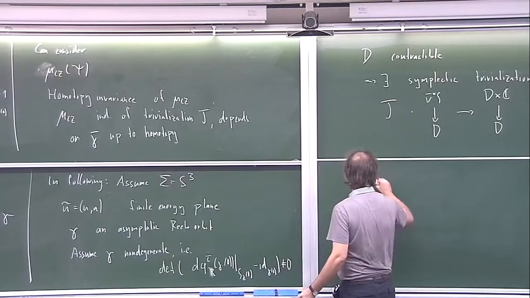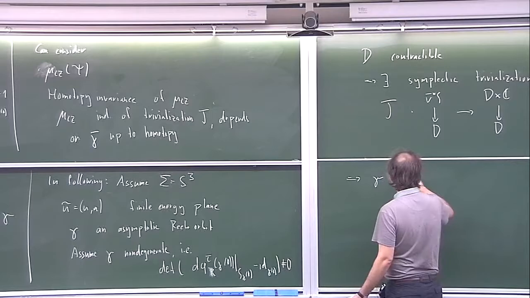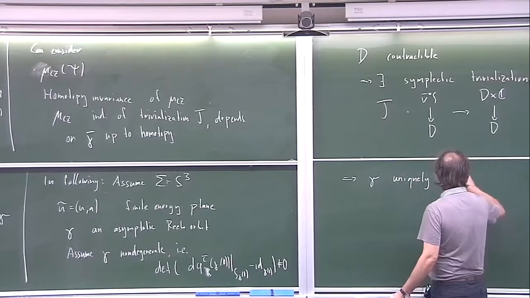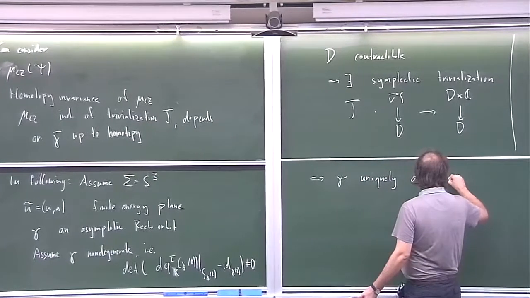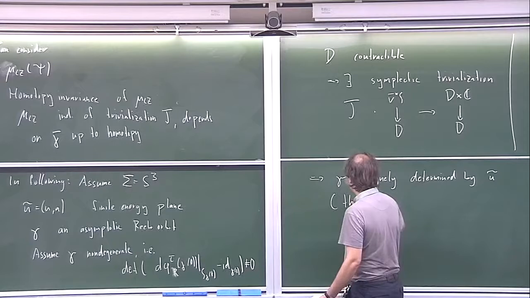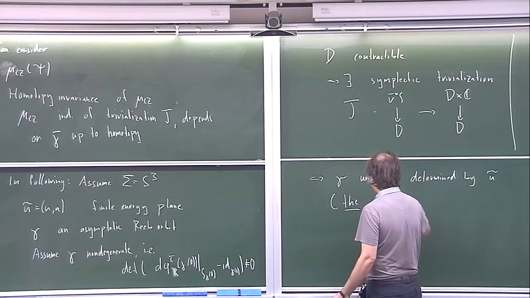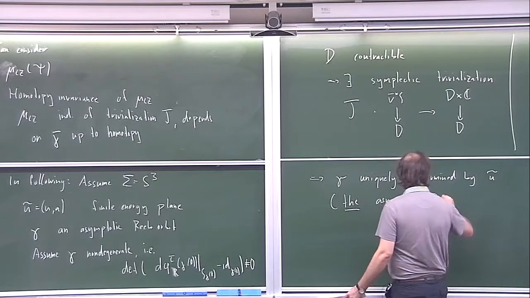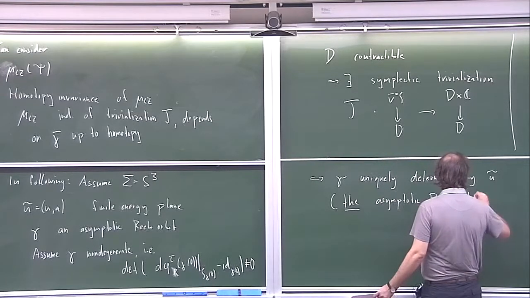Then it follows gamma is uniquely determined by u tilde. So we have now the asymptotic Reeb orbit.